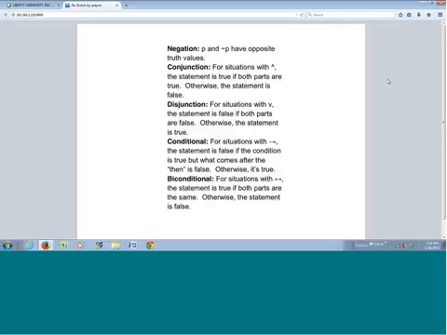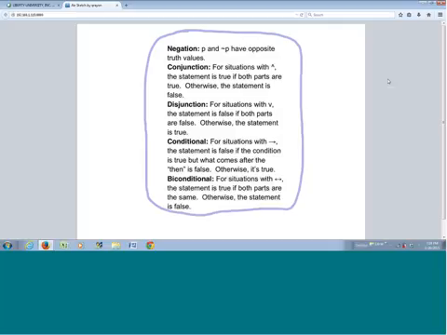So we have the five rules that we're just going to keep referring to as we're working forward, working problems. Okay? So just a little recap here. Negation is the opposite truth value. The situation with the conjunction is that it's true if both parts are true. Otherwise, it's false. The disjunction, it's false if both parts are false.